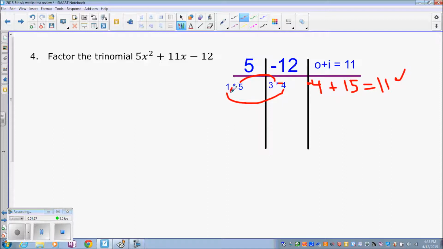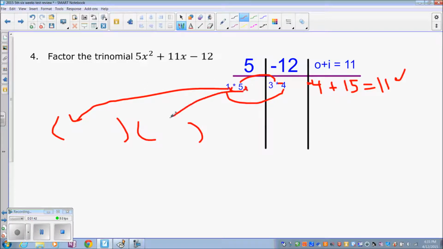These factors right here are the ones that have our x's, and they're the first term in each of our parentheses. So let me go ahead and set up my parentheses. And my 1x is going to go over here, and my 5x is going to go right here. The 3 and the negative 4 are my second term in each parenthesis. So I'm going to write it. Let me change colors.